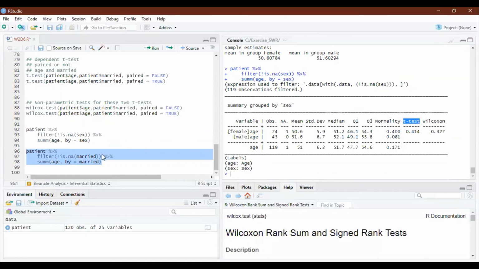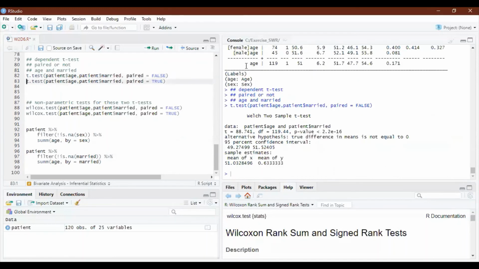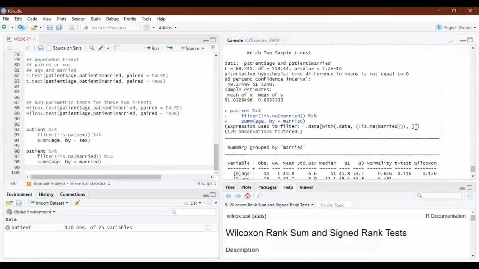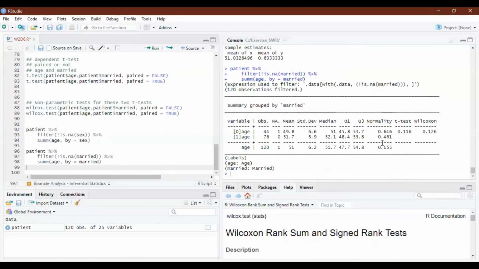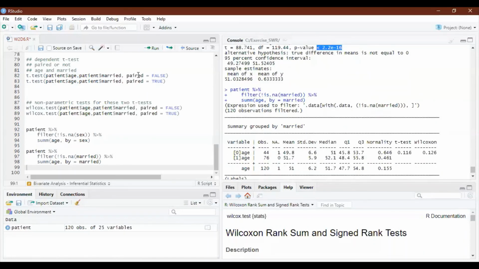And for married, I'm not sure why it gives us a p-value less than 0.05. Anyway, these two p-values do not match.